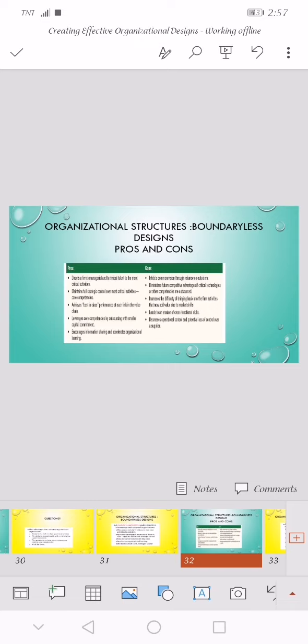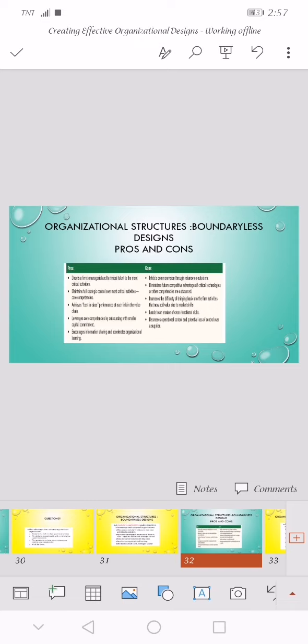Third, achieves best-in-class performance in each link in the value chain. Fourth, leverages core competencies by outsourcing with smaller capital commitment. Fifth, encourages information sharing and accelerates organizational learning.